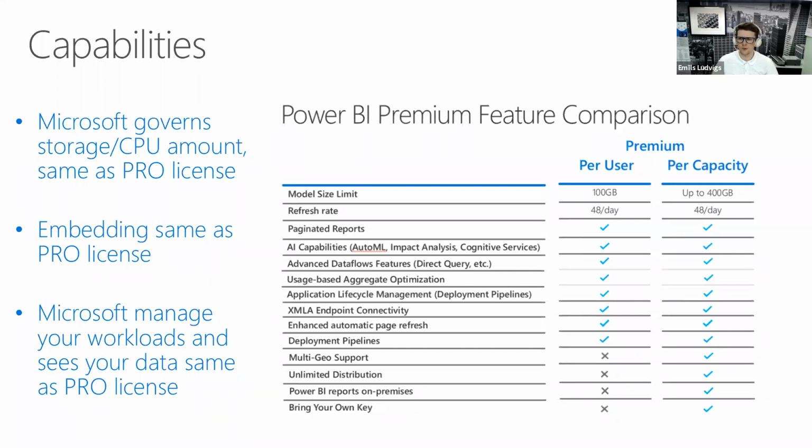When you have premium per capacity, you can change it when you need to upload or refresh bigger data: you put the storage and CPUs up, and when you don't need them, you decrease it. But with premium per user, you use it like the Pro license.